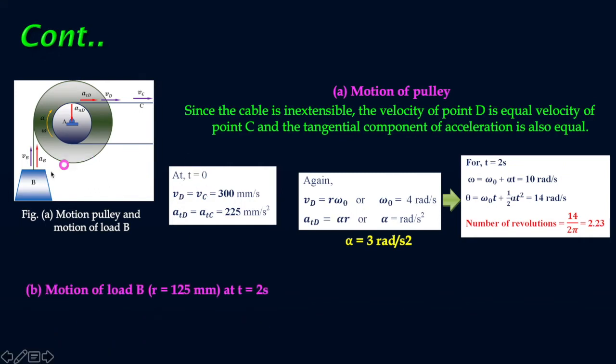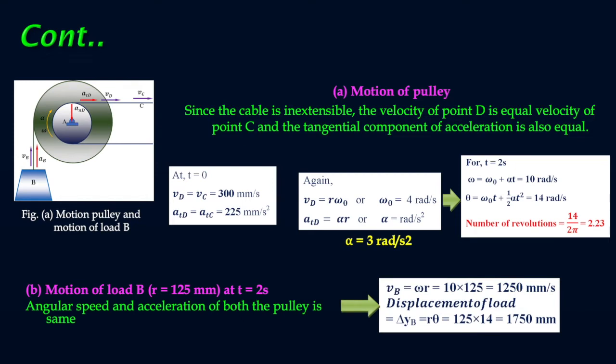Now consider the motion of this block B. For the block B, whatever tangential velocity Vv is there, you notice it is connected to the bigger pulley. So here R value is 125. At t equals 2 seconds we have to find out the parameters. Vv equals omega r again. You notice the smaller pulley and bigger pulley are fixed, combined, so both are rotating with the same angular velocity.